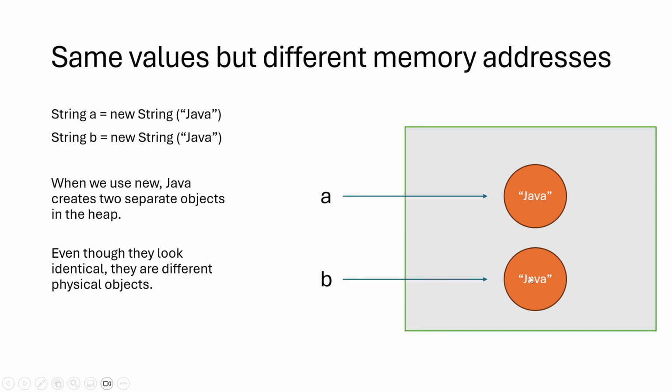So two variables are pointing to two different memory addresses. That's why the equality operator shows that they're not equal. They look identical, but they're different physical objects. It's kind of like two identical people. They look the same, but they're still two different people.